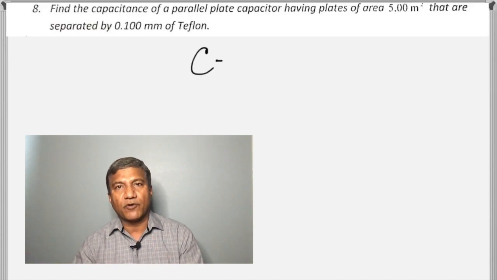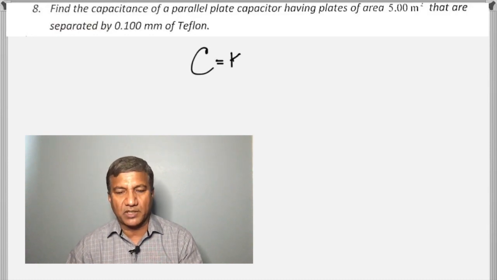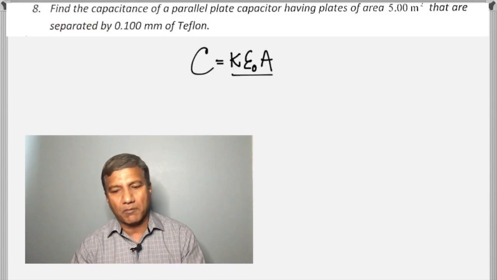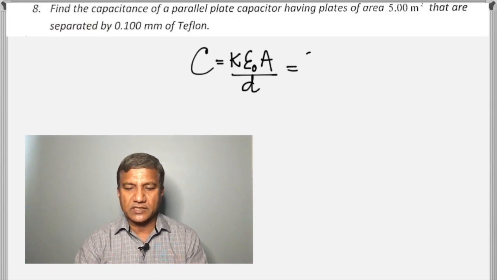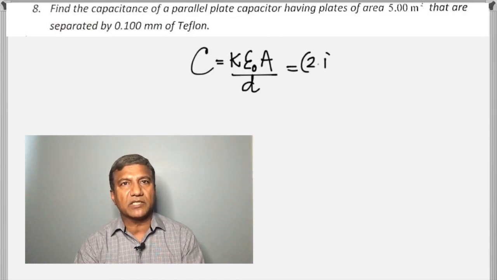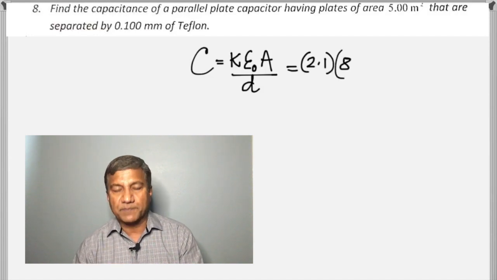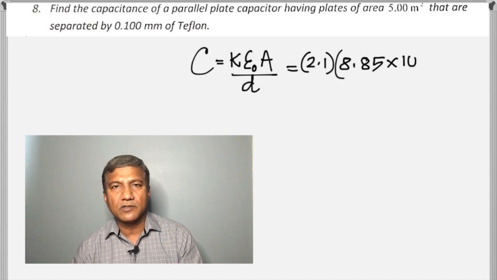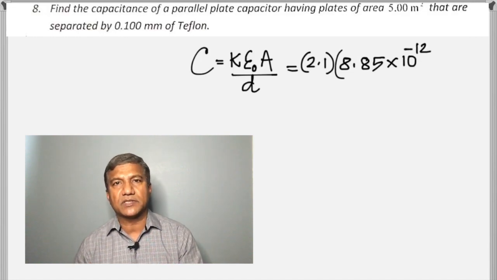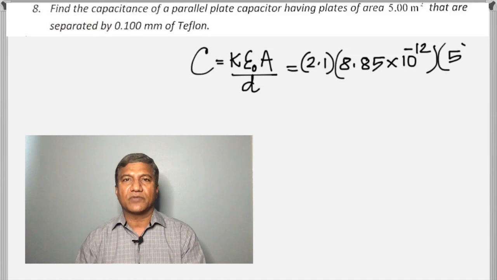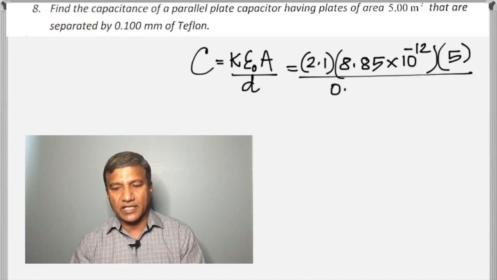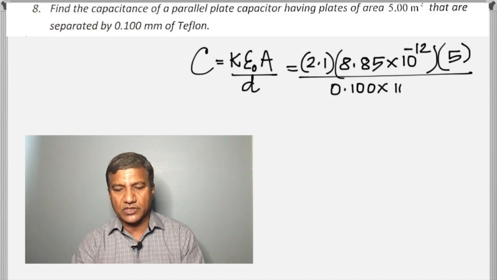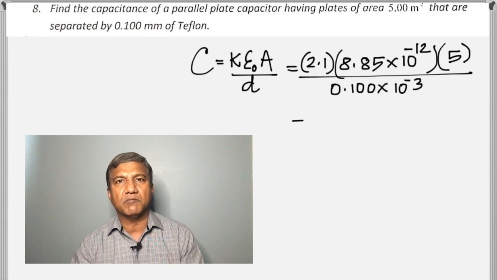So the formula for capacitance of a parallel plate capacitor is K epsilon naught A by D, where K is the dielectric constant of the material Teflon. Epsilon naught is the permittivity of free space, which is 8.85 times 10 to the negative 12. That will be given. Then A is the area of the plates in meter squared, which is 5. And the distance between the plates must be in meter.